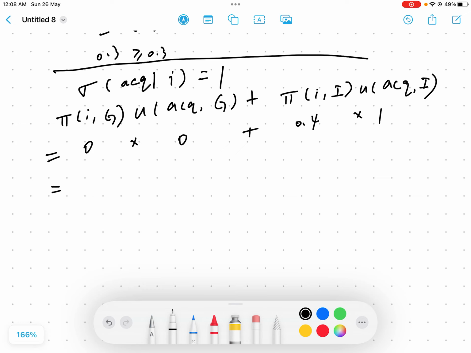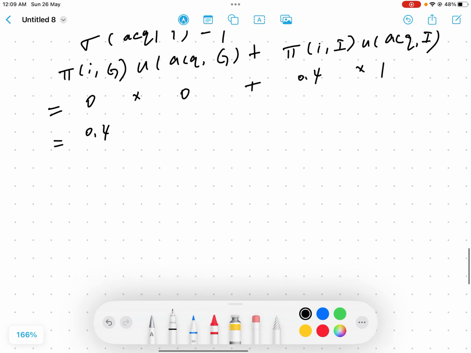You must already be familiar with those utilities and the signals, so you can just refer to the previous episode for the example. So this is 0.4. Essentially, if the state and the action match, then the judge has utility 1. Otherwise, it's 0. That's basically the utility function for the judge.